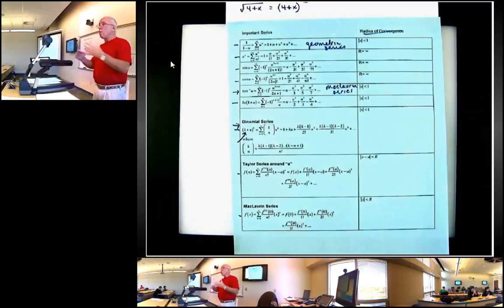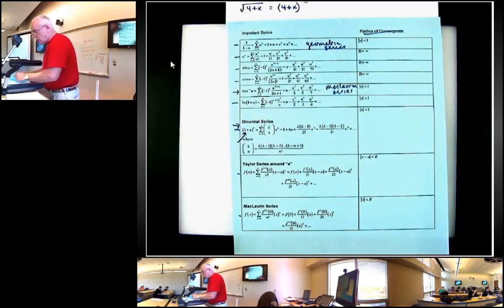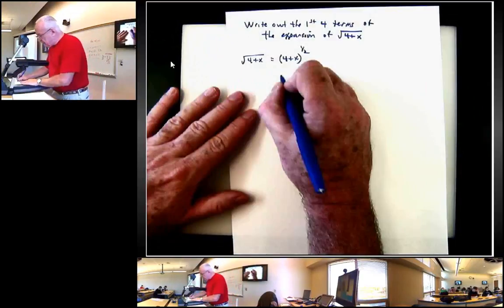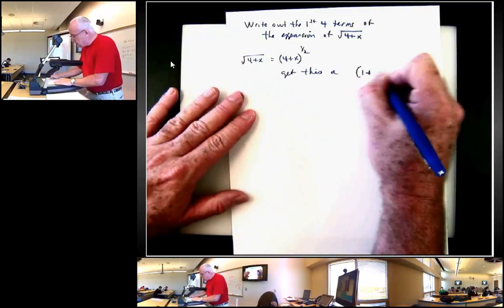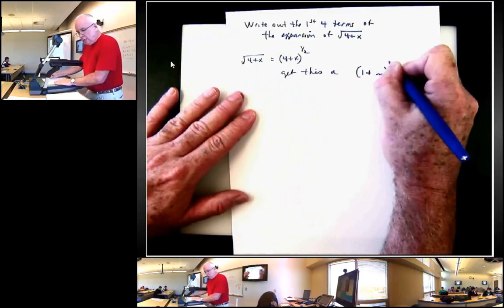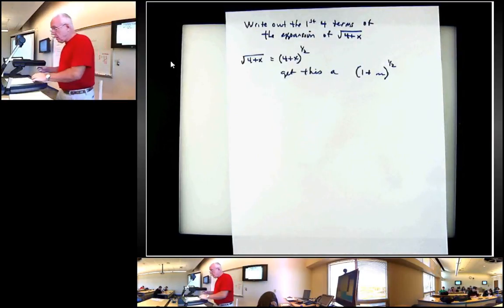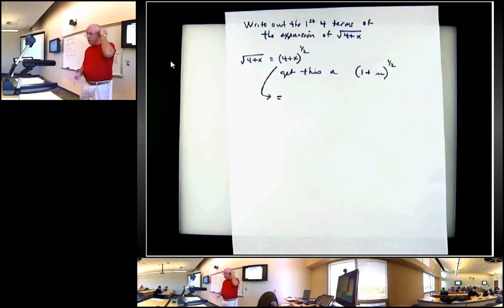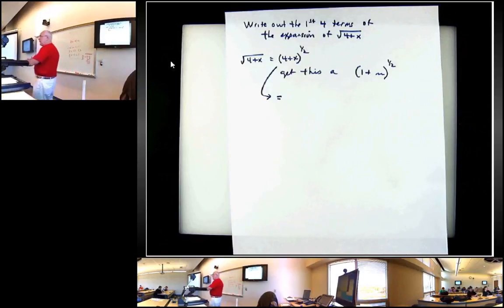It's not 4 plus something or 3 plus something, it's 1 plus something. So what we have to do is get this as 1 plus something raised to the 1/2 power in order to use our expansion formula. So let's see how we can do that. I'm going to need to multiply something in front in order to do that.